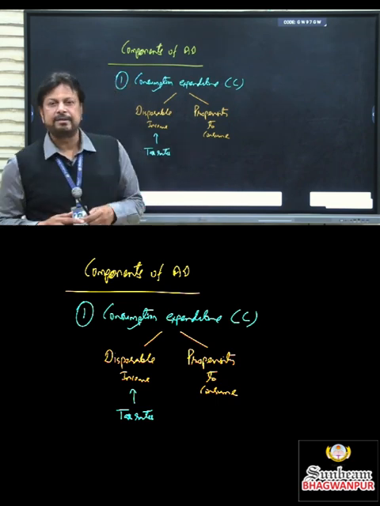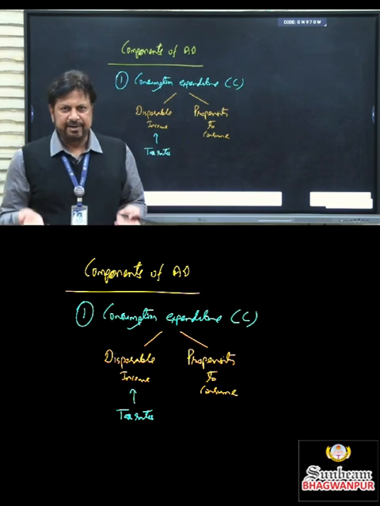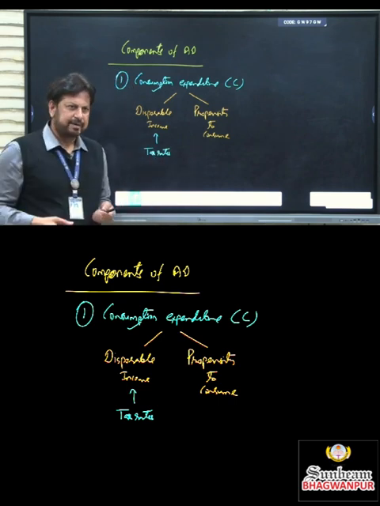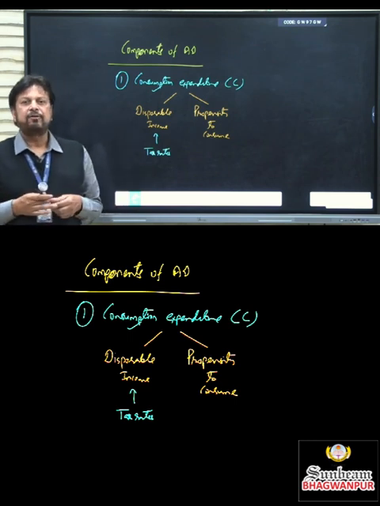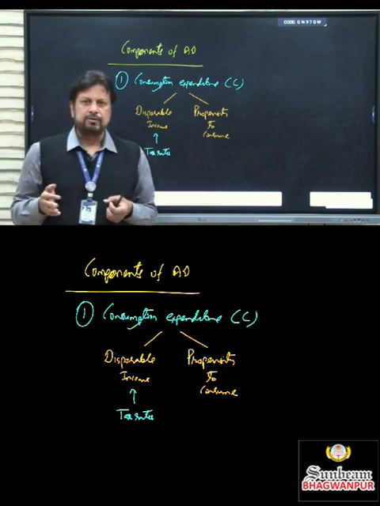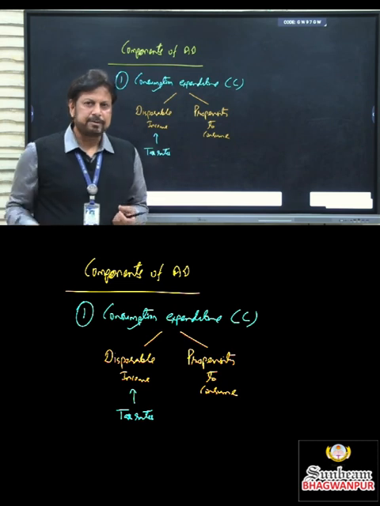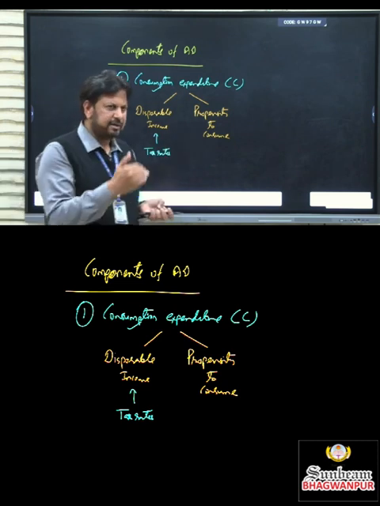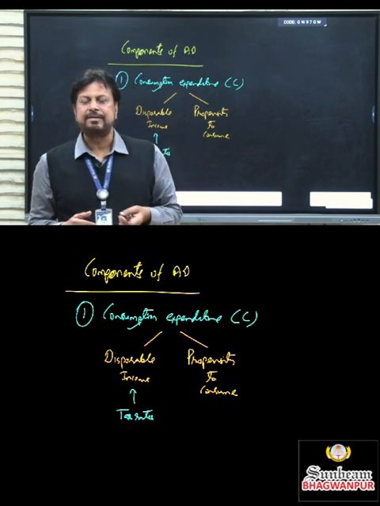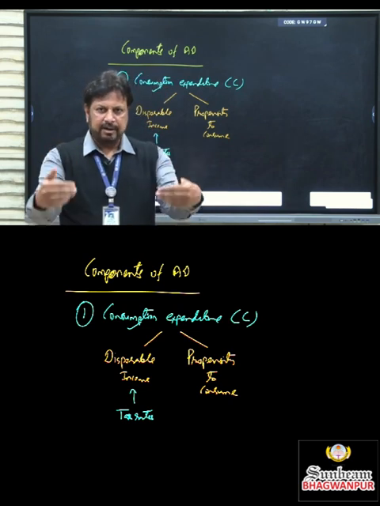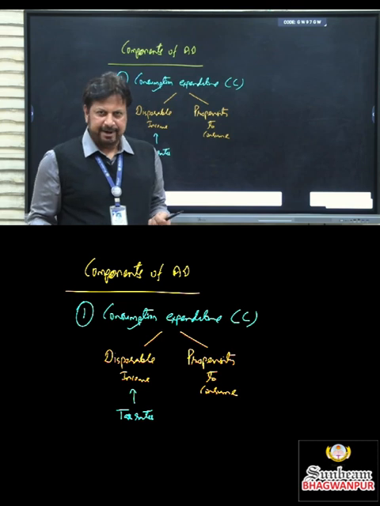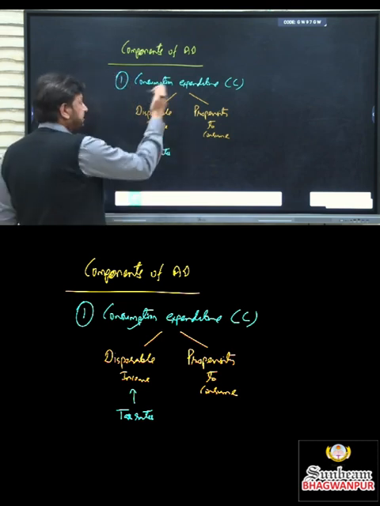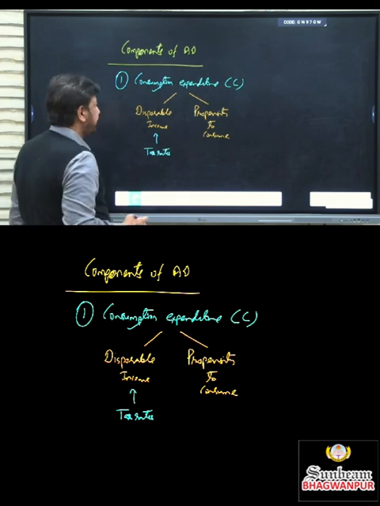In the current budget, the government has increased the limit of tax exemption. What is the purpose of it? If the government is giving tax exemption up to 12 lakh rupees, it means that government is allowing people to have more money in their hand, so they can consume more, and it helps in increasing aggregate demand.